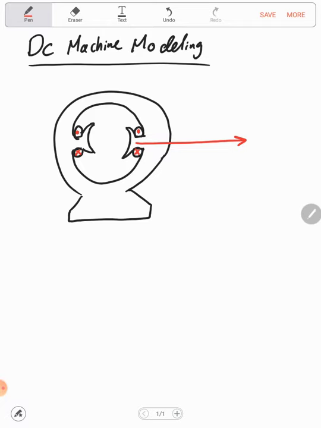So this is the flux axis, or sometimes we call it the field axis.